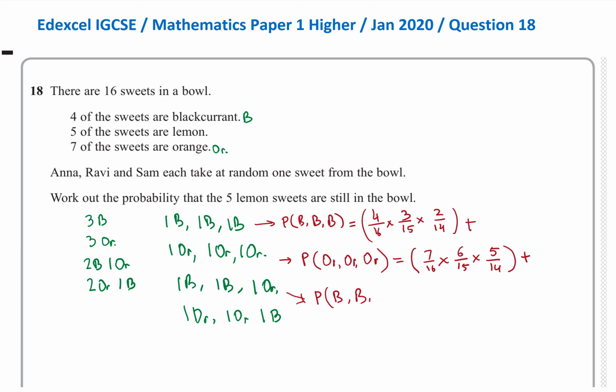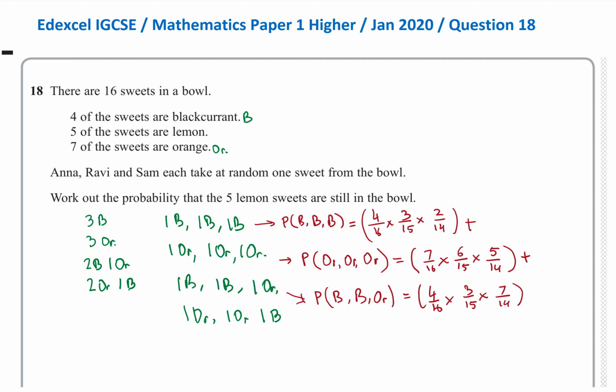And then we're going to add the next one, which is the probability of 2 blackcurrants, not necessarily in this order, we have to take care of that, and 1 orange. Blackcurrant is 4 over 16, multiplied by the second blackcurrant, that is 3 over 15, multiplied by 1 orange, which is 7 over 14.